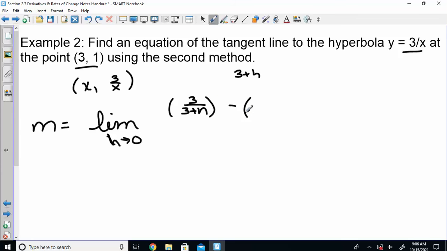Minus f of a, that's what you get when you just plug in your 3, which is 1. So my y value, 3 divided by 3 is 1, all over h. Okay, I want you to take a second and make sure you know where I got all of that stuff.